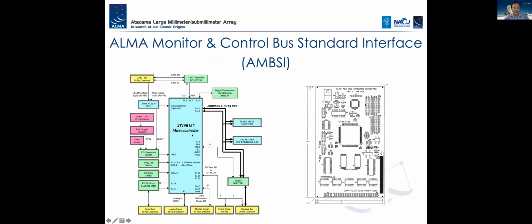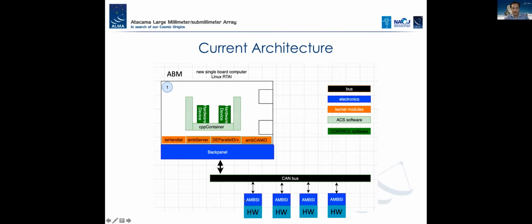This is made by what we call AMSI, the Antenna Monitor and Control Bus Standard Interface. It's based on an ST microcontroller with a CAN bus transceiver, and this is what the PCB looks like. From the software point of view, the ABM sends the control message using SES.